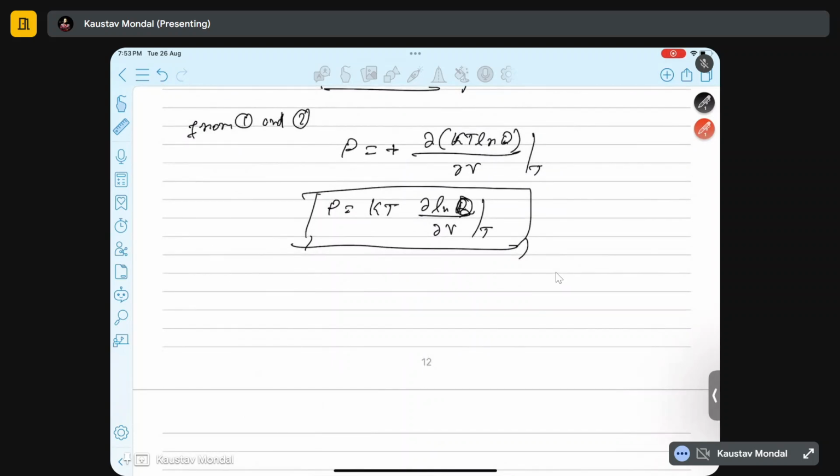Now if we have the expression of the pressure, we can easily check it for an ideal monoatomic gas.